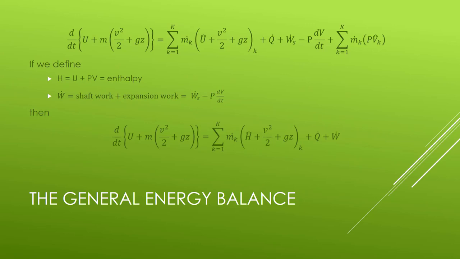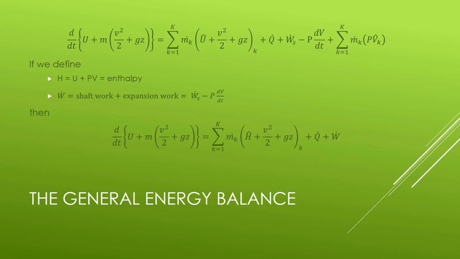Now we typically define H to be the enthalpy, and it is U plus PV. And it's just another property of our materials that we can look up. If we use W instead of W sub S, we're going to indicate that we are combining the shaft work with expansion work.